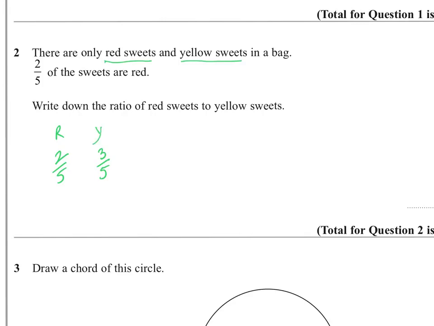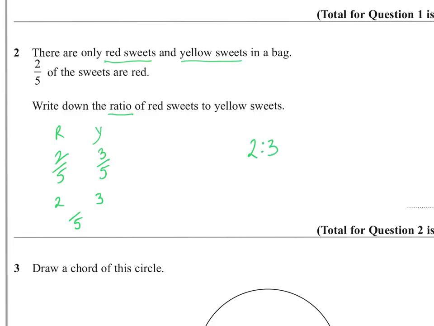And it's asking you to write down the ratio of red sweets to yellow sweets. Well, if you think about it in these simple terms, if it's in terms of fifths, then red has 2 of these fifths while yellow has 3. So that is actually your answer, 2 to 3.